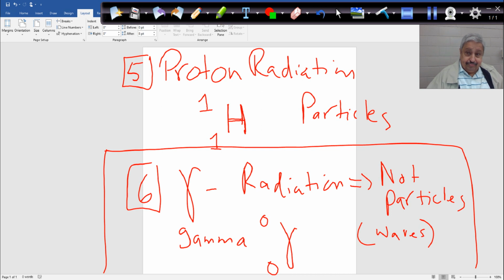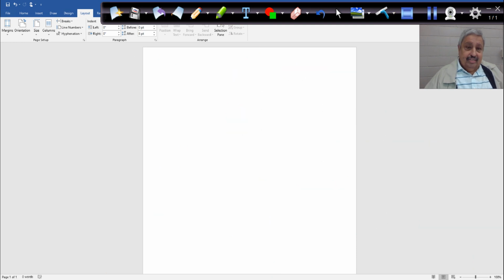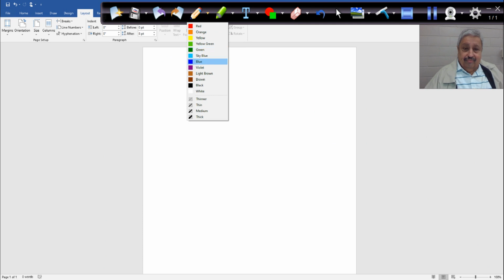Let's look again. The only non-particle is gamma. So let's look at them in some organized way. Let's put them in a very nice organized way so we can follow them here.